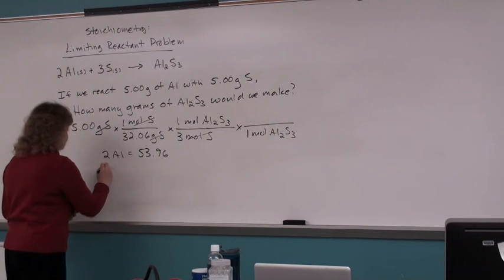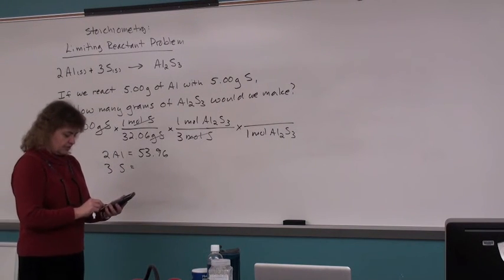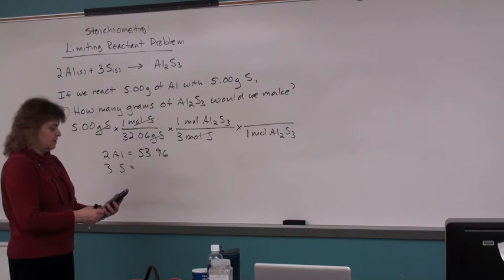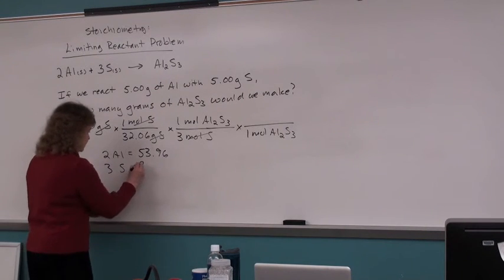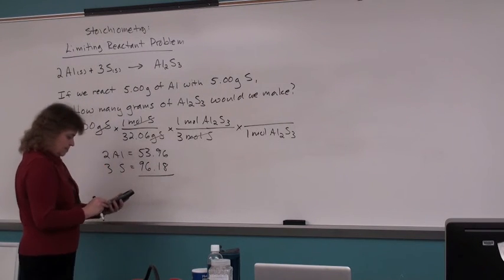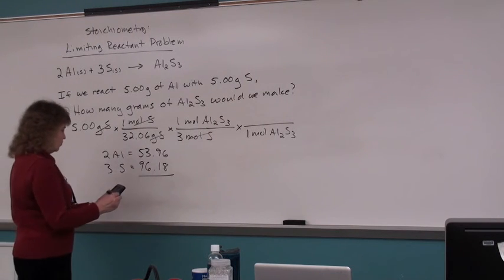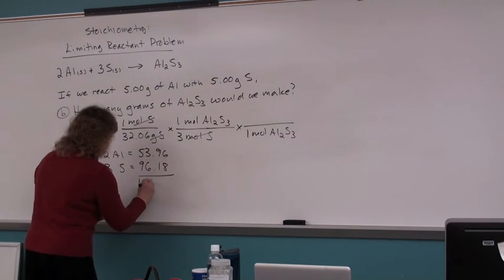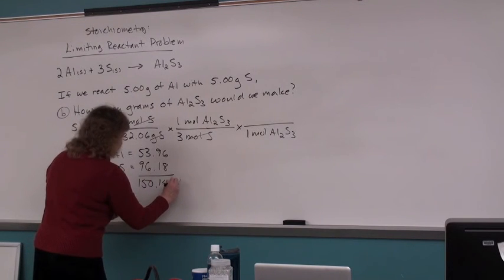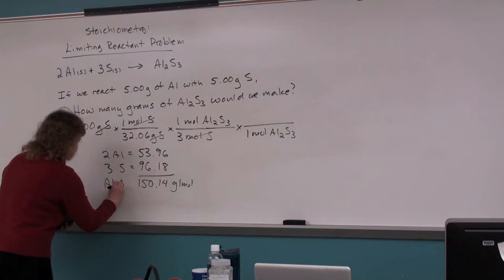I've got 3 sulfurs, so I'm going to clear this and do 3 times 32.06, and that's 96.18. Add them up. Better to do it on the calculator. And I get 150.14 grams per 1 mole of Al2S3.